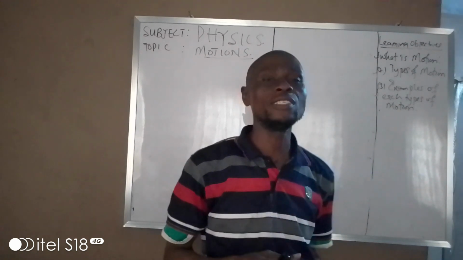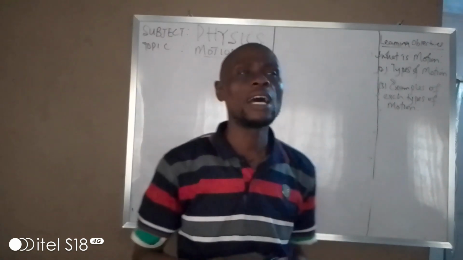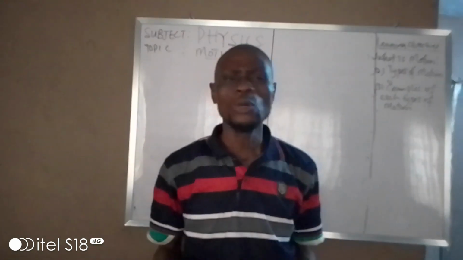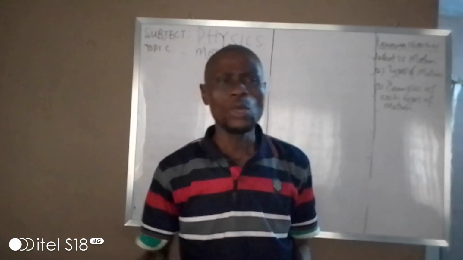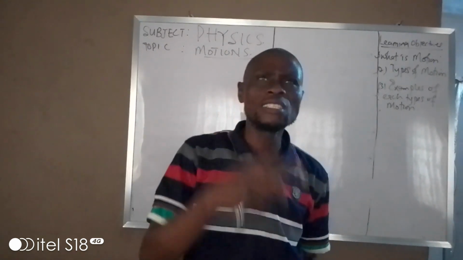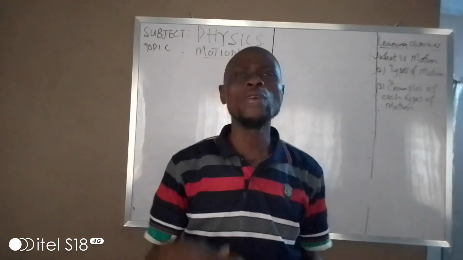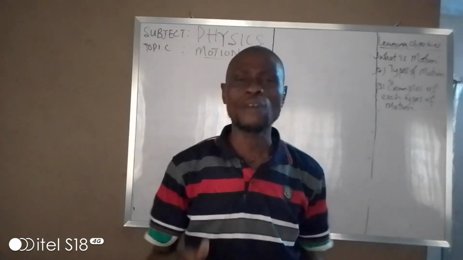Now let's go to the topic. Having said that, what do we call motion? Every day we walk from one place to another. We move in the market. You see things moving around. These are some of the things we experience day in, day out in our life.